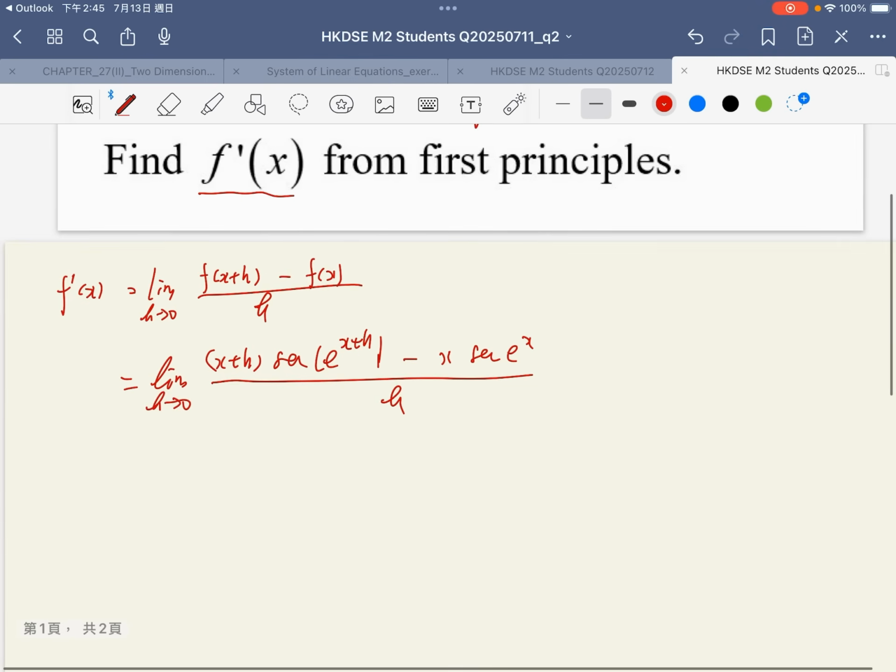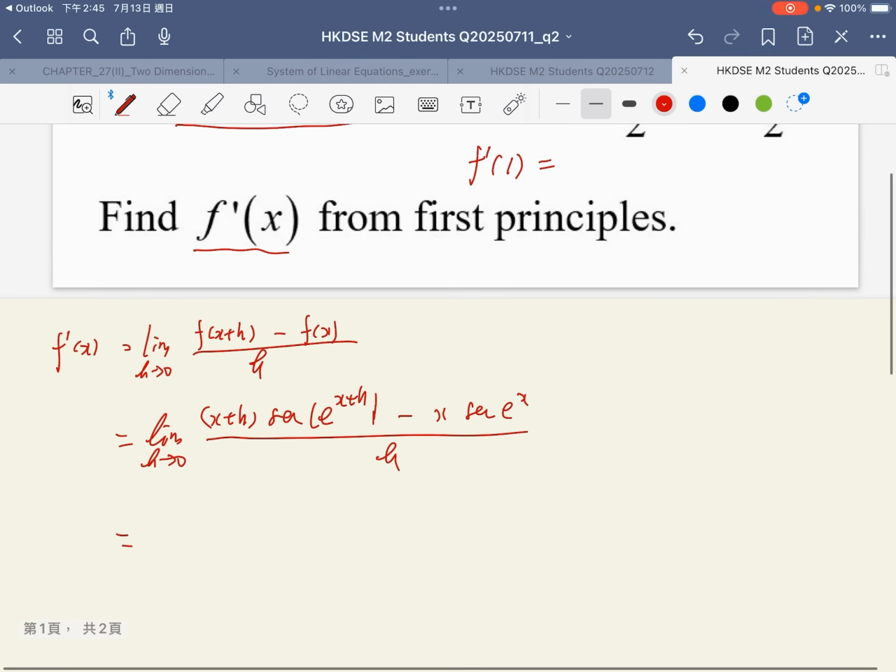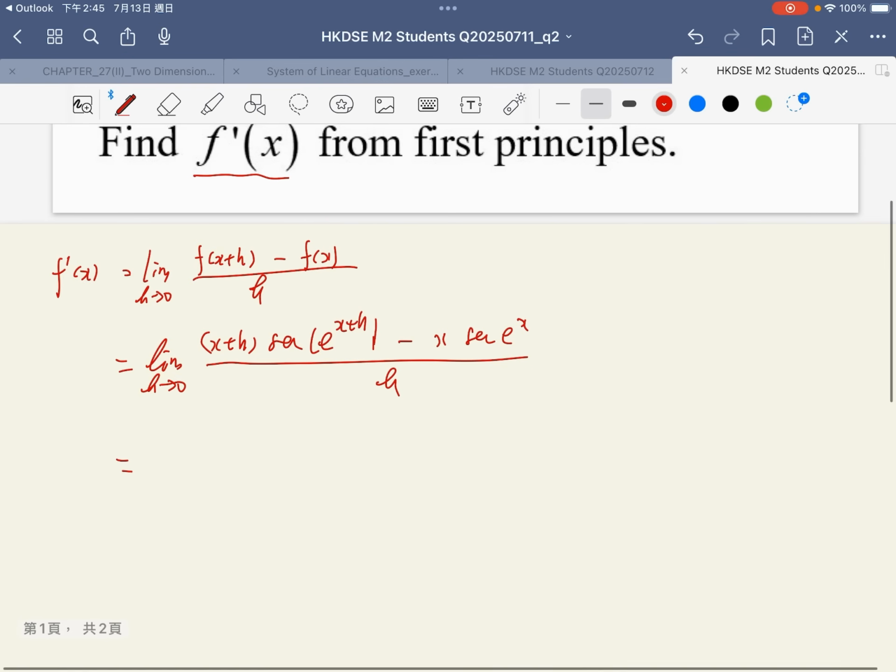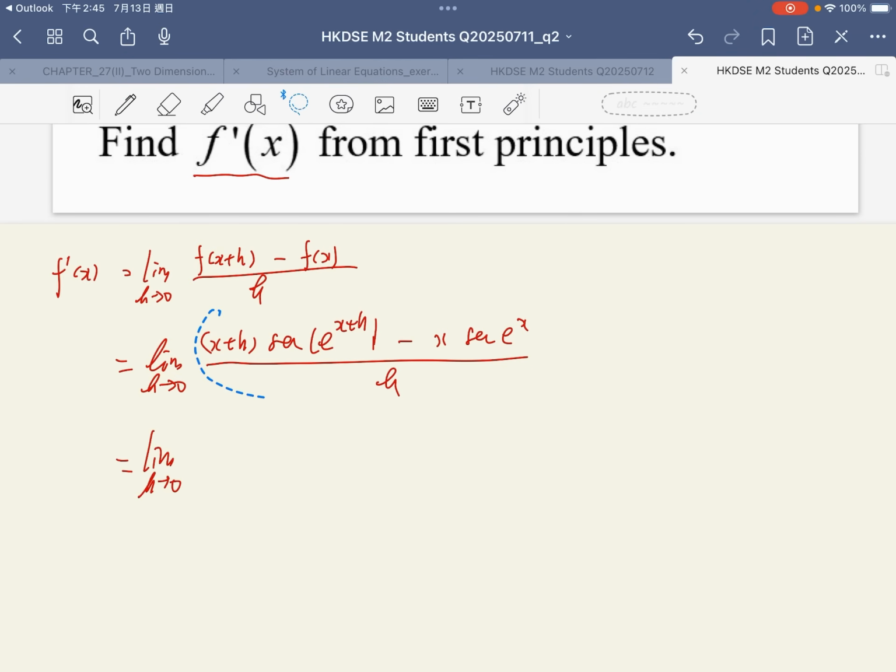Because this is actually the product rule of first principle, we have to insert an extra term so that we can make the imperfect form perfect. What actually is this? Let me do it for you.